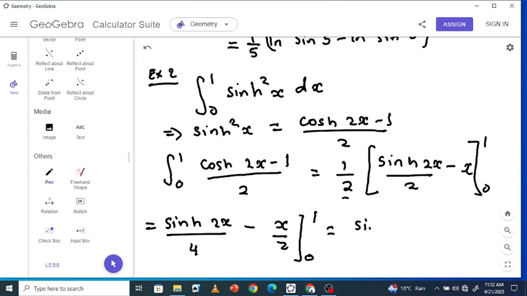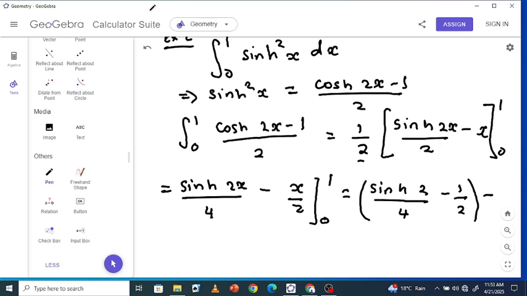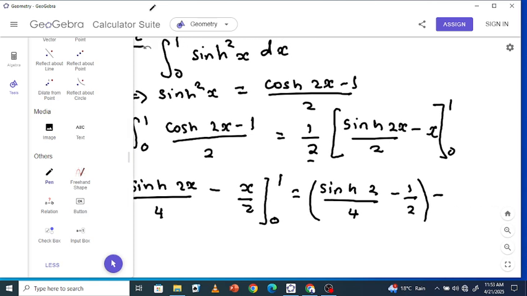And now that becomes sinh 2 over 4 minus a half, minus sinh 0 over 4 minus 0.